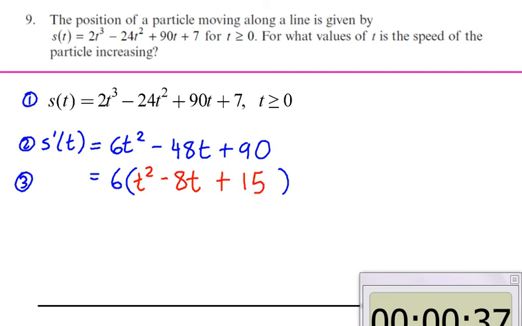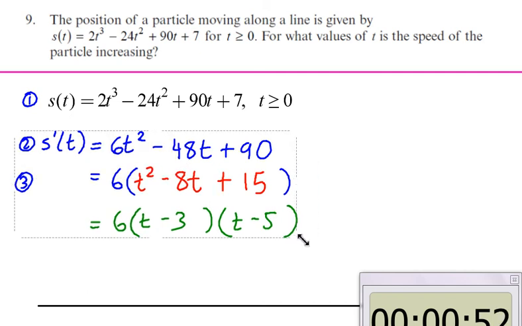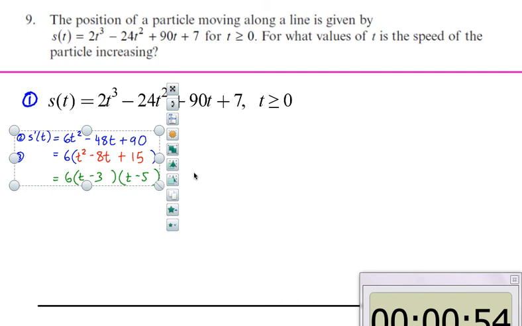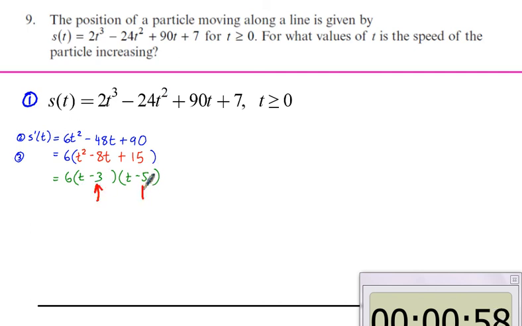Okay, and knowing that I want to find the zeros, I'm going to go ahead and factor the expression, if that's possible. And it looks like we can factor it as follows. Okay, and so from this, I'm learning that the velocity is 0, specifically when t is 3 and when t is 5. So let me go ahead and put that information on a graph.